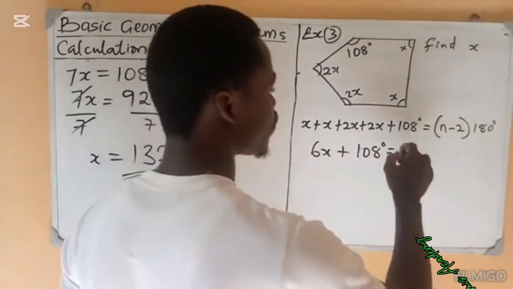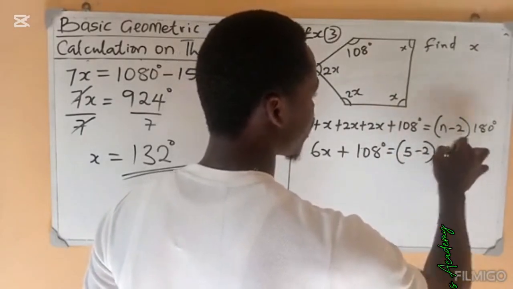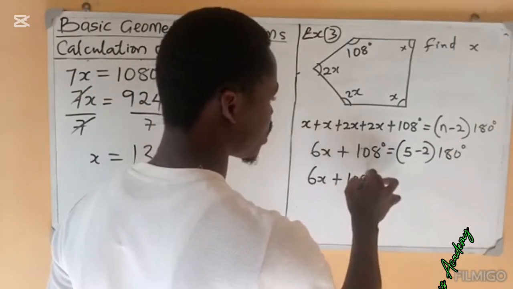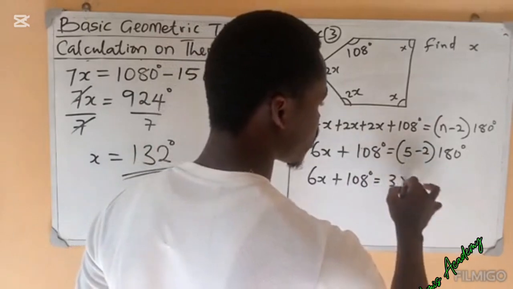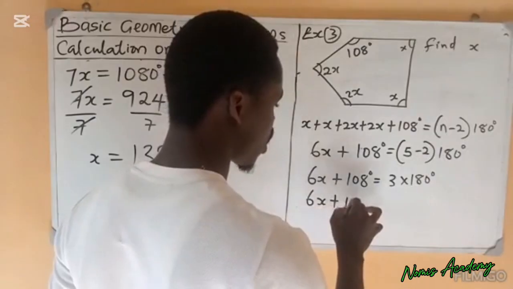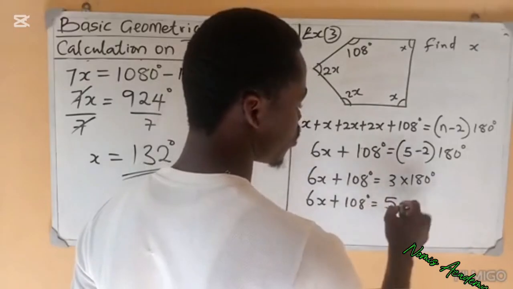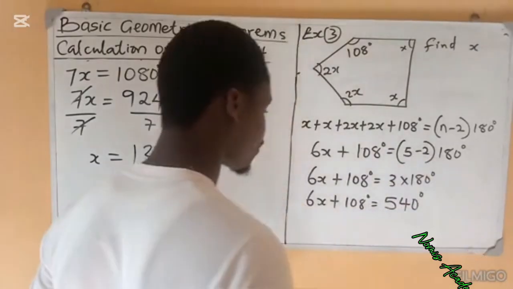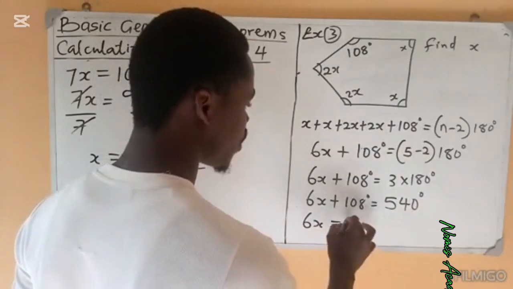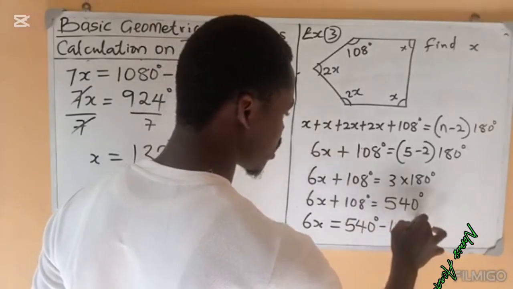So we slot in 5 here. That will be 5 minus 2 multiplied by 180. So here we have 6x plus 108 degrees equal to 3 times 180 degrees. 6x plus 108 degrees is equal to 540 degrees.